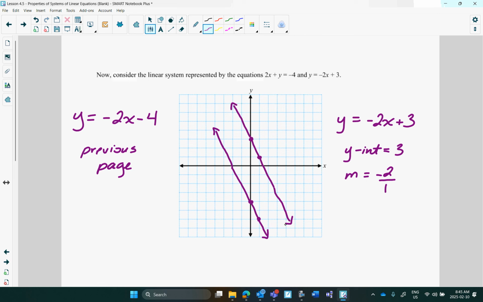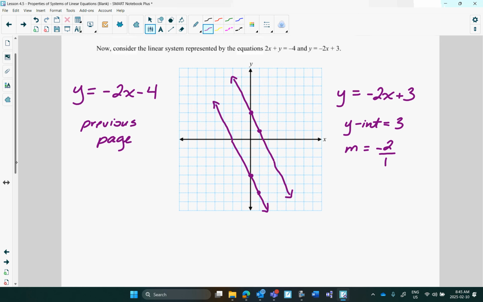Nowhere. Are they ever going to intersect? No, because the slopes are the same. And if the y-intercepts are different, there are two separate lines running in the same direction forever. They will never cross each other.